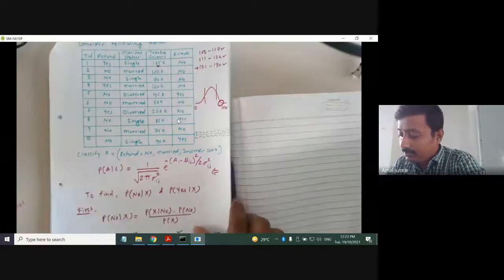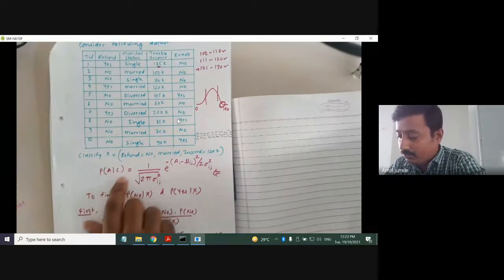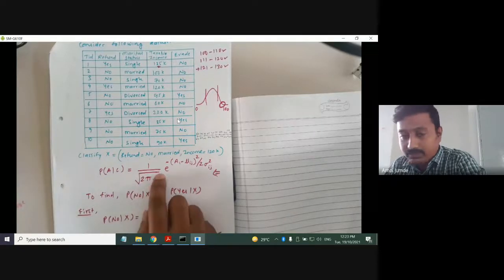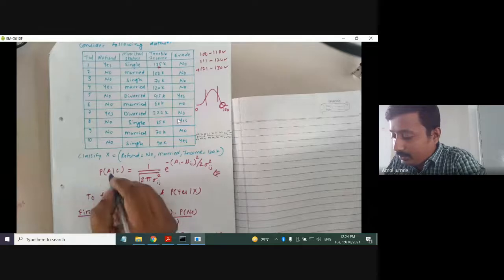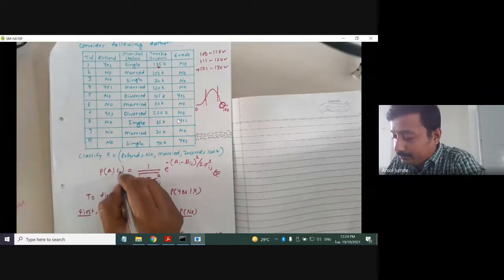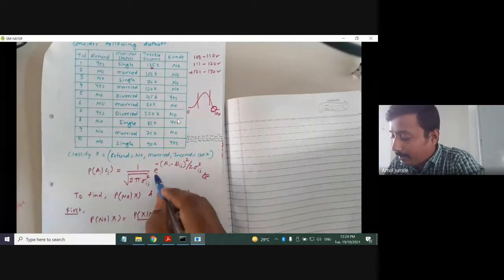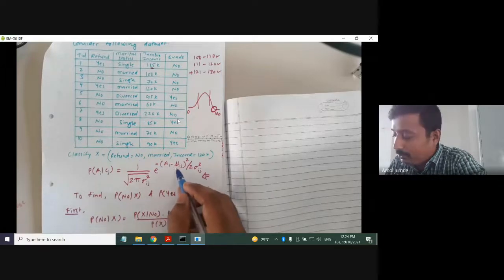The equation is: probability of the attribute given a class equals 1 by root of 2 pi sigma square, where sigma square is the variance for the ith attribute and jth class, and e raised to the power minus (ai minus mu ij) whole square divided by twice sigma square ij.